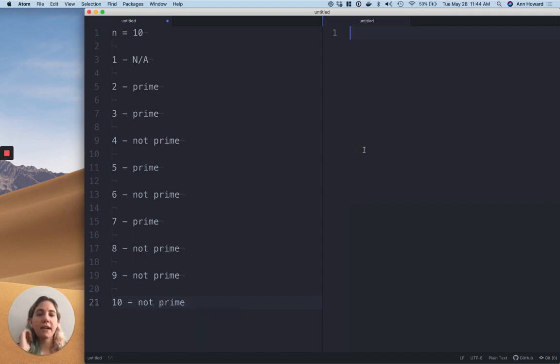So let's go through that again, and then let's just write down the steps, okay? So n is 10. 1 doesn't count. 2 is prime. And the way that we know 2 is prime is we just know, right? We didn't really make a lot of decisions other than asking, hey, does 2 meet that criteria?